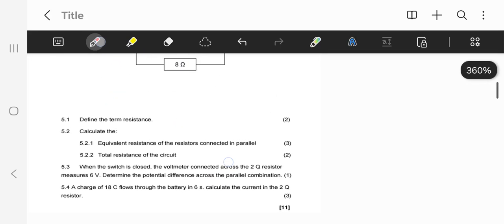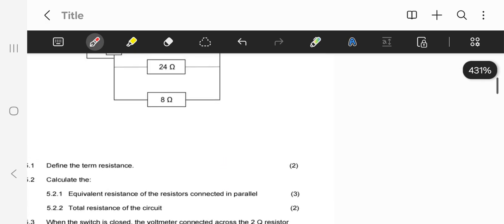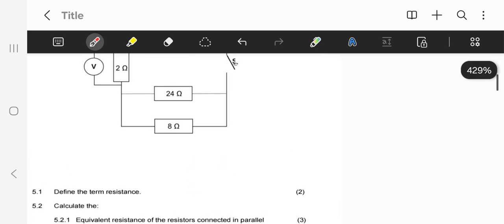Before I start, I just want to remind you that we have two types of electric circuits or connections. Firstly, the series connection: series connections are potential difference dividers, and parallel connections are current dividers.